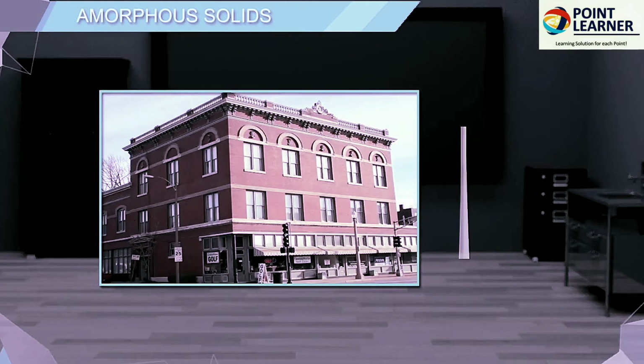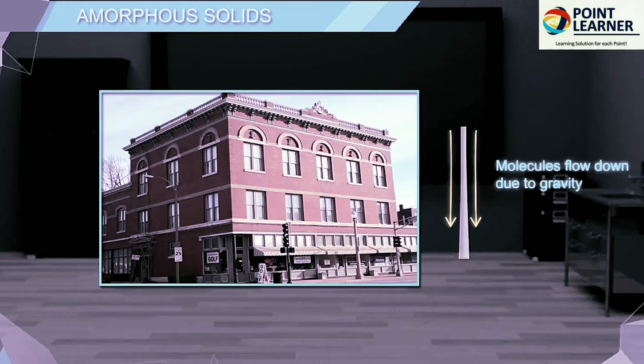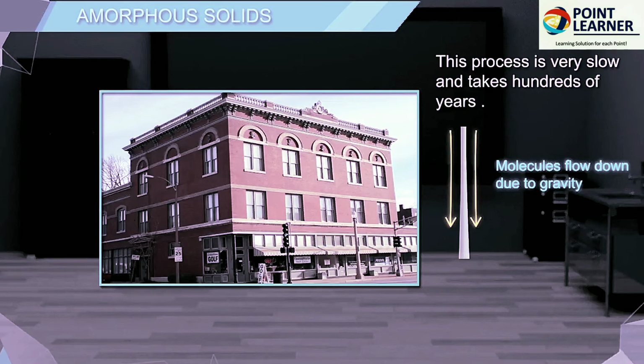Now, if we notice carefully the glass windows of very old historical buildings, we will observe that these glass panes are thicker at the bottom as compared to the top of the window. This is because as time progressed, some of the molecules on the top of the glass flowed down due to gravity and accumulated at the bottom, making it thicker.